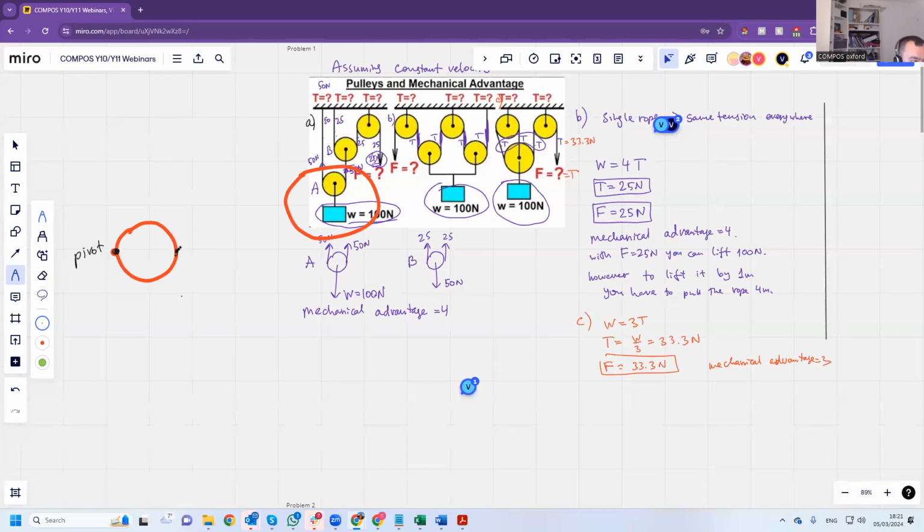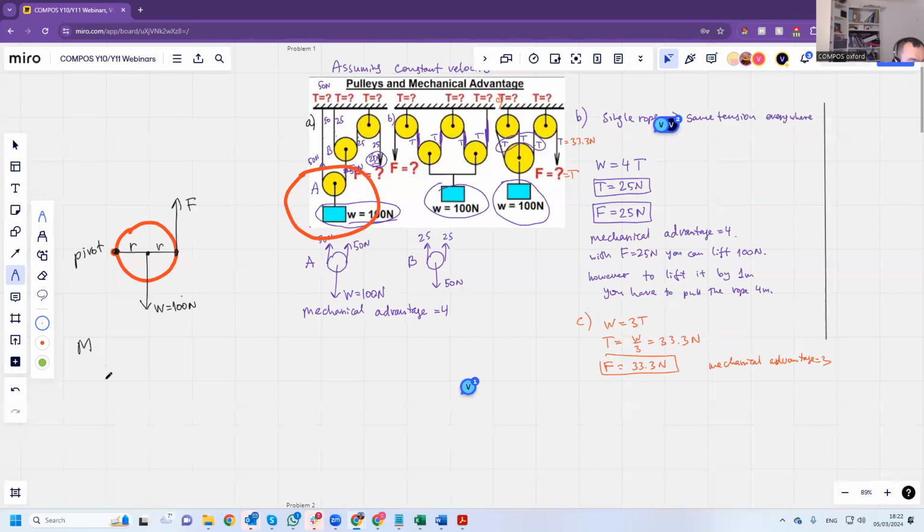And you are lifting here with a force F. And then the weight is attached here. So the weight, which is 100 newtons. And let's call this R, and this is R.